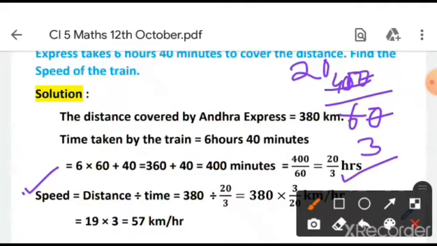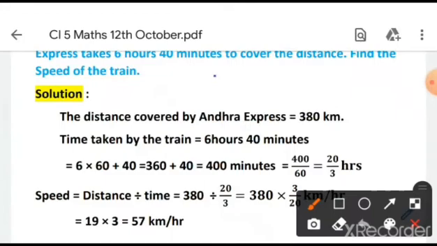Now you take out the speed, that is distance by time. So distance is 380 kilometer. So 380 divided by 20 by 3. Here you are going to write 380 into 3 by 20. Now after that you do the cancellation.